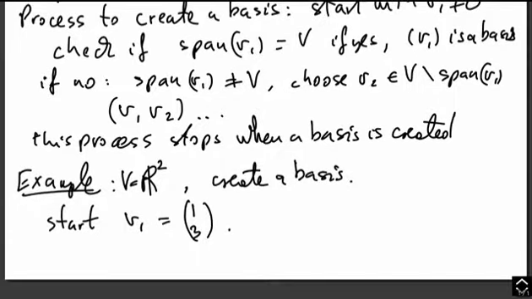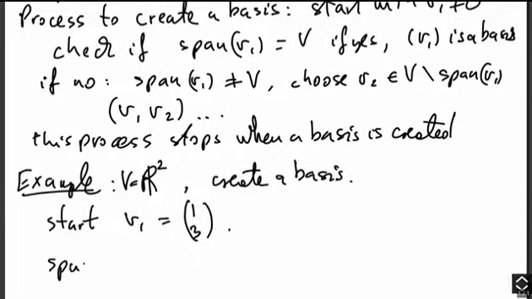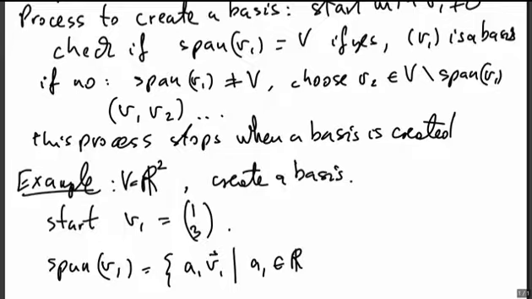Then we check what the span of this vector is. That means all the possible linear combinations of V1, but if you have only one vector, the linear combination is just scalar multiples, where A is a real scalar.